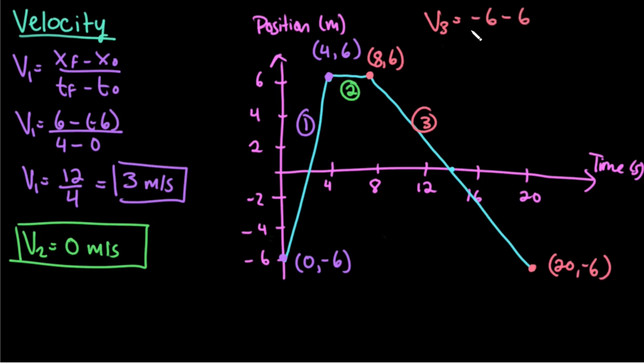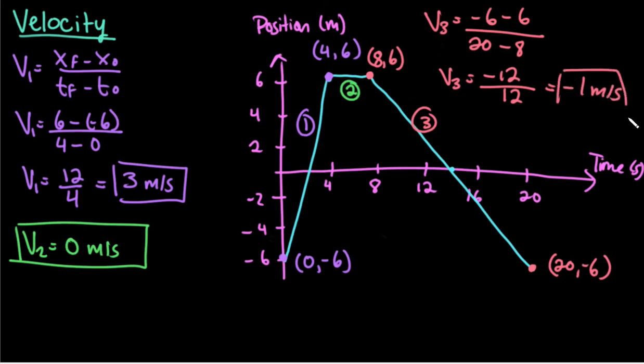I'm subtracting 6 from that. And then I have 20, my final time, and I'm subtracting 8 from that. So up here, I ended up with negative 12, and then I end up with 12 on the bottom of my fraction. When we divide that, we end up with a velocity of negative 1 meters per second for our third portion of the graph.